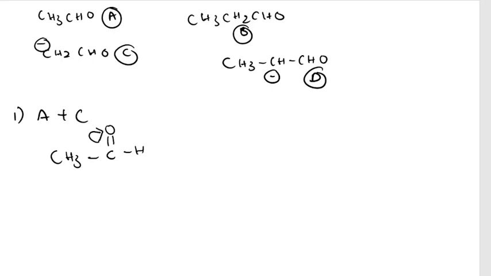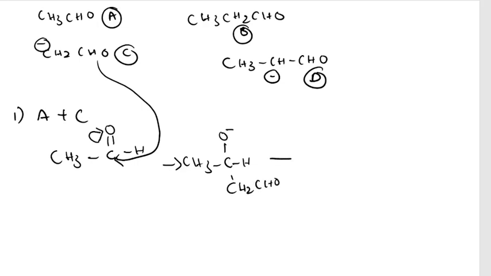The pi bond readily shifts onto the oxygen so that the CH2CHO minus attacks here and hence you will get CH3CH(O minus)CH2CHO. On protonation, the alkoxide ion readily produces CH3CHOH CH2CHO, right?